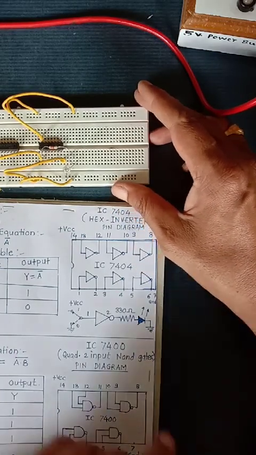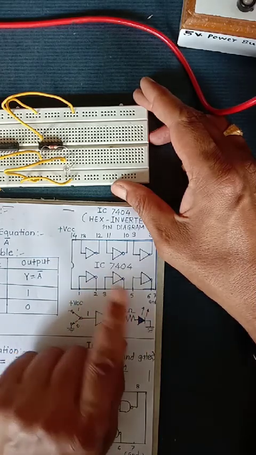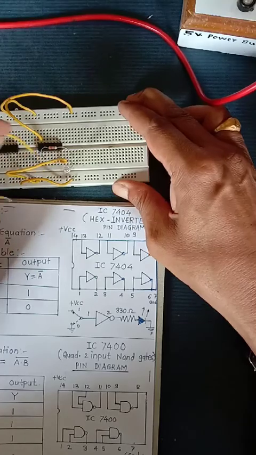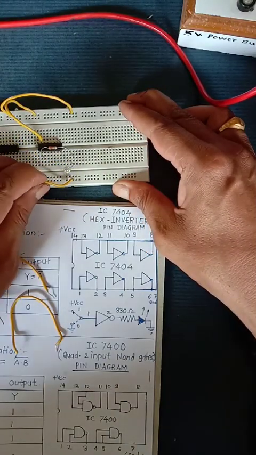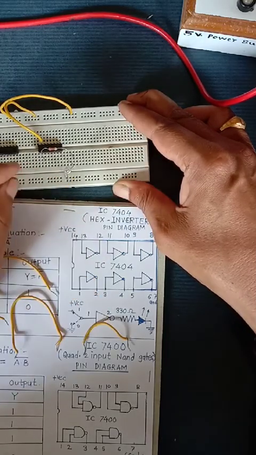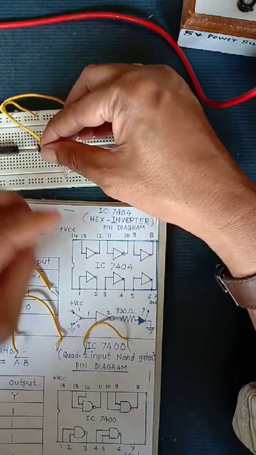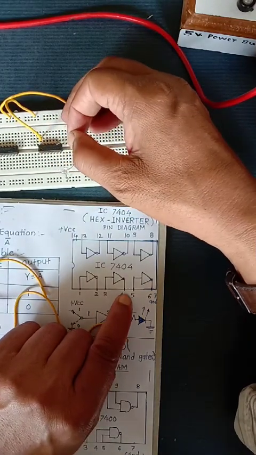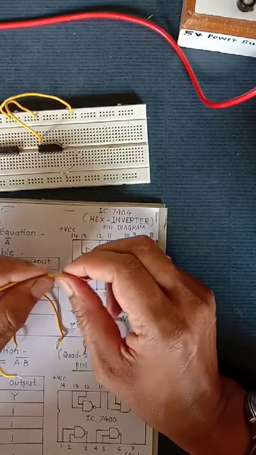Okay, you can select another NOT gate also. See, the second NOT gate. In the second NOT gate, pin number 3 is the input and pin number 4 is the output.